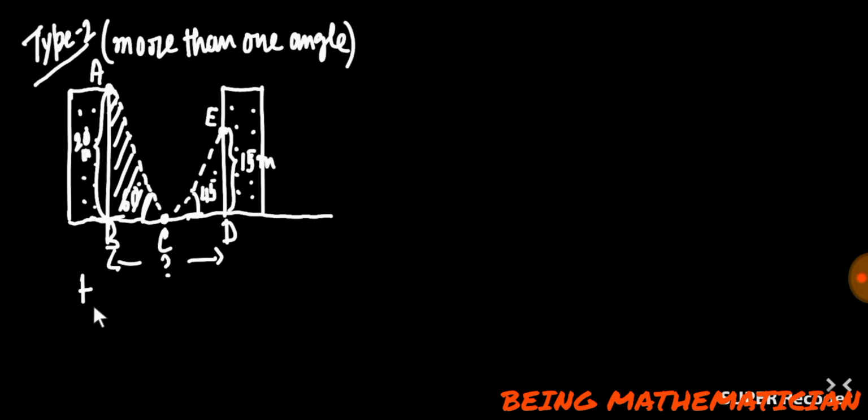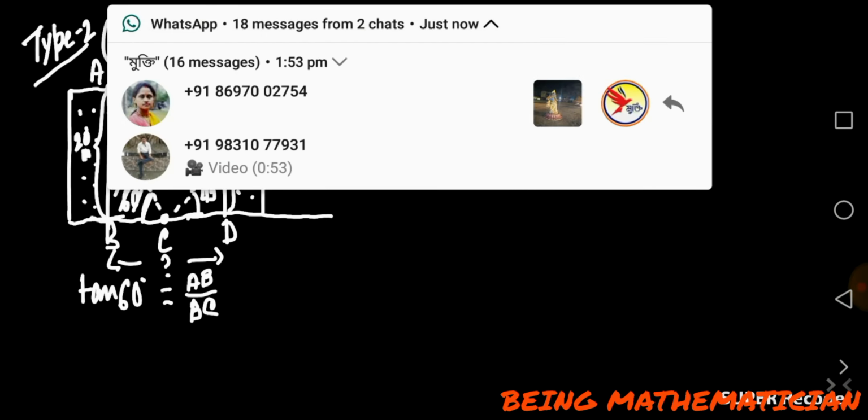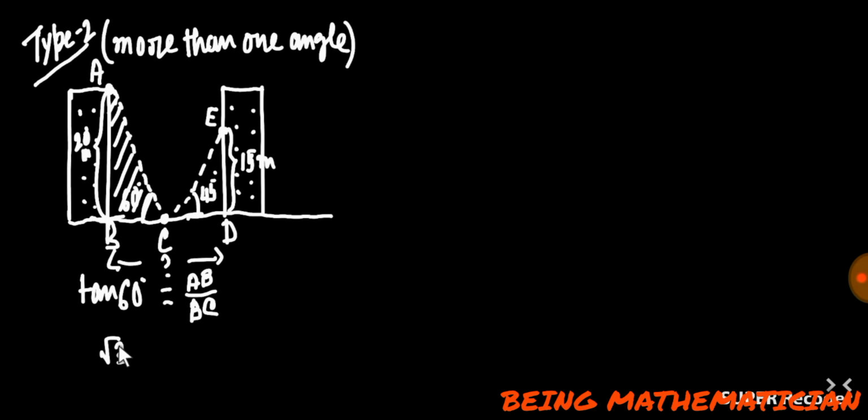Tan 60 equal to AB by BC, and now putting the value of tan 60, that is root 3, and AB is 20 and BC is BC, then BC must be 20 root 3 by 3 meter.